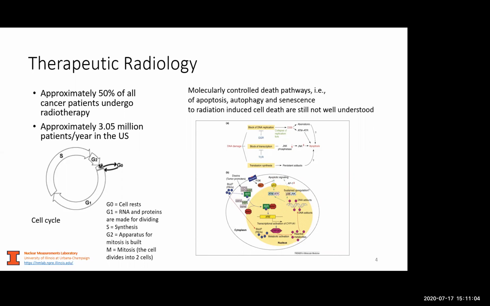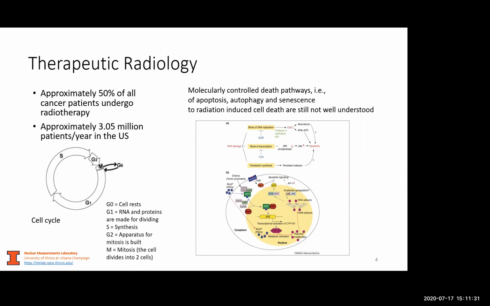The mechanisms by which ionizing radiation kills cancer cells have been known since the discovery of ionizing radiation. It was Marie Curie who first envisioned the application of ionizing radiation to treat cancer. However, the exact molecular processes are yet to be fully understood.